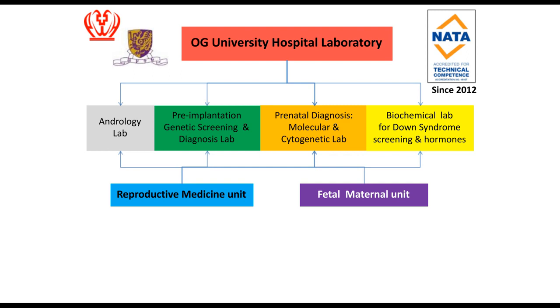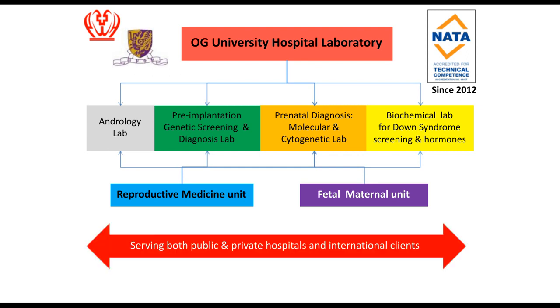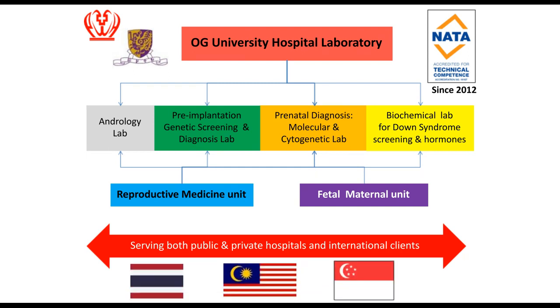We collaborate with and serve both the reproductive medicine and fetal medicine units in Hong Kong as well as in the region. We provide service under our public hospital system, as well as receiving samples from private hospitals, including international samples from Thailand, Malaysia, and Singapore.